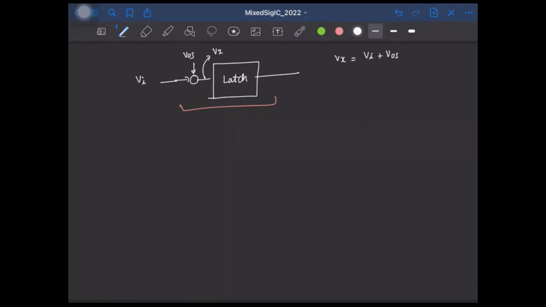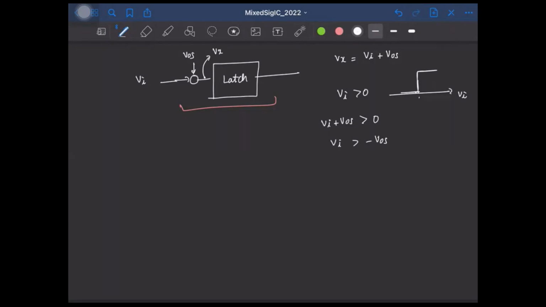Now, ideally, we wanted the latch to produce an output of VDD the moment Vi becomes greater than 0, right? But here the actual input that goes into this latch is Vi plus Vos. So the latch will toggle only when this is greater than 0, so which means only when Vi is greater than minus Vos, the latch will produce an output of VDD.